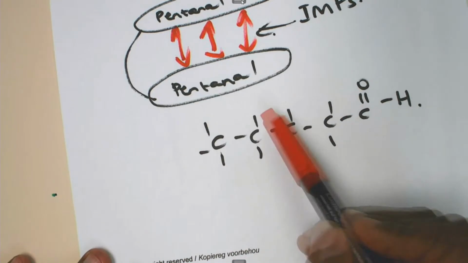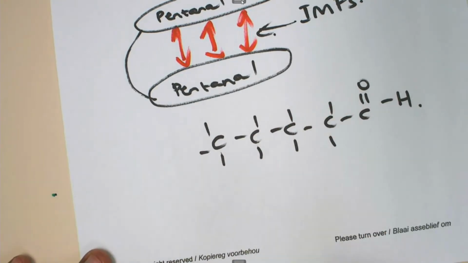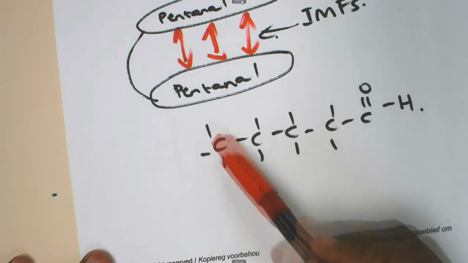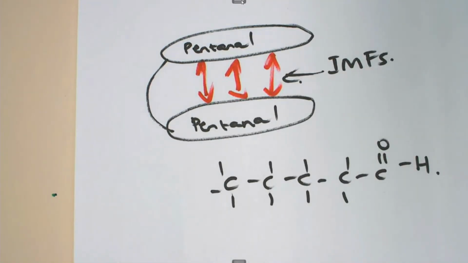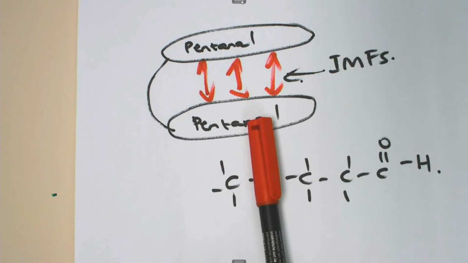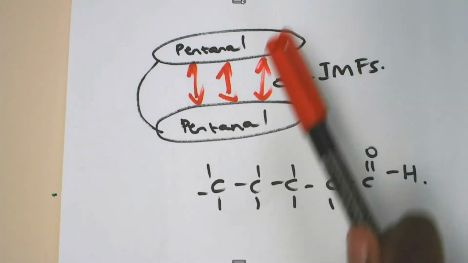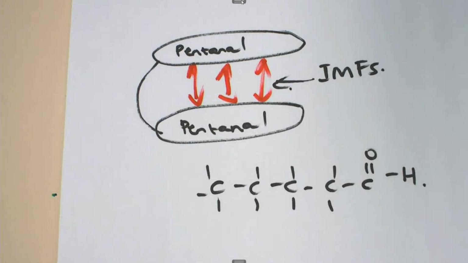So when the learner says bonds, he's talking about this. And we're not overcoming the bonds, but we are overcoming the intermolecular forces. And please explain that to the learners, colleagues, because when we talk about intermolecular forces, we are not talking about one molecule, but we are talking about two molecules, the forces between them.